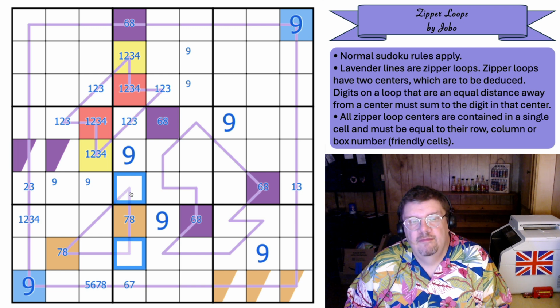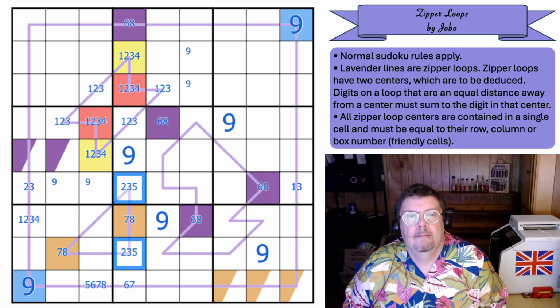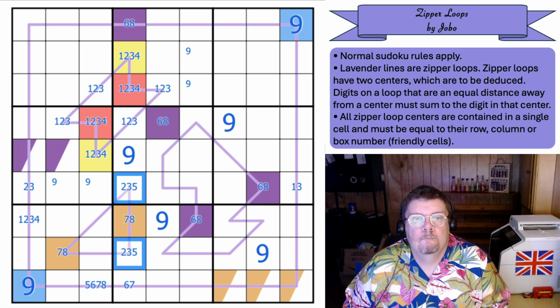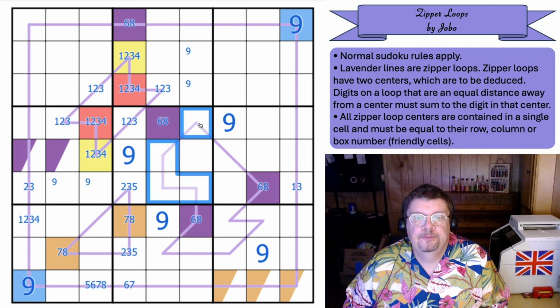So I either get 5, 2 or 5, 3. And that means this can't be 6. There we go. If this were a 6, this would have to be both 7 and 8.